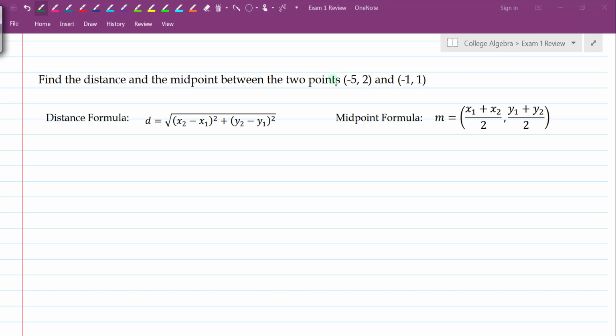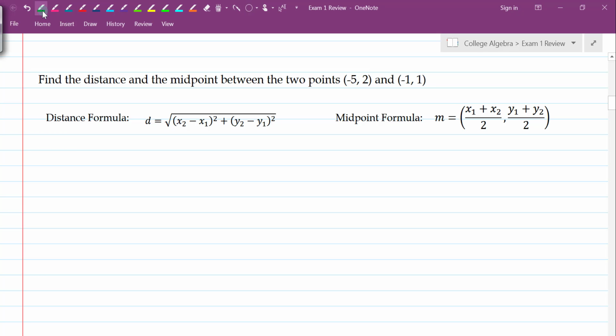It does not matter if you choose (-5, 2) to be point 1 and then (-1, 1) to be point 2, or if we let (-1, 1) be point 1 and (-5, 2) be point 2. It doesn't matter. What matters is that you're consistent.